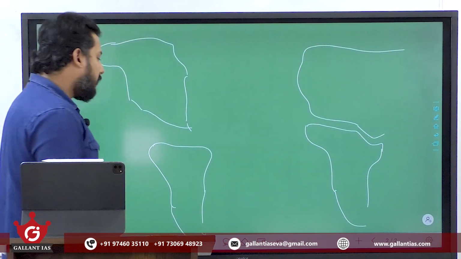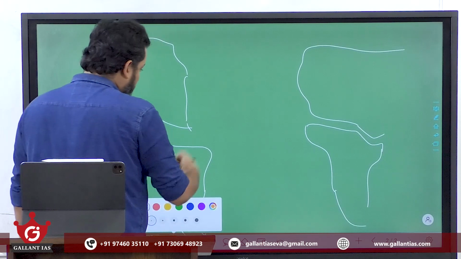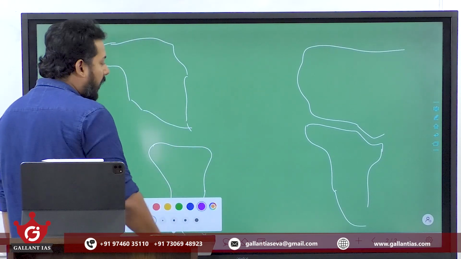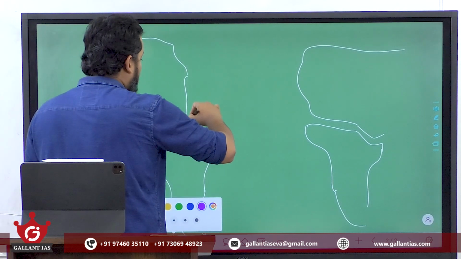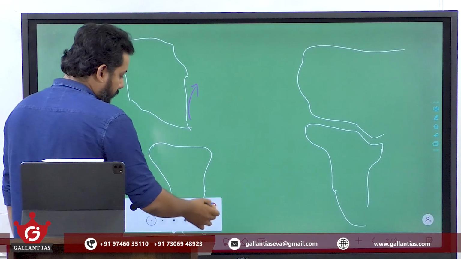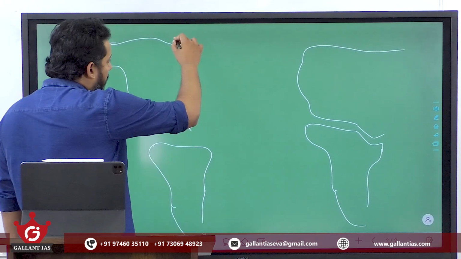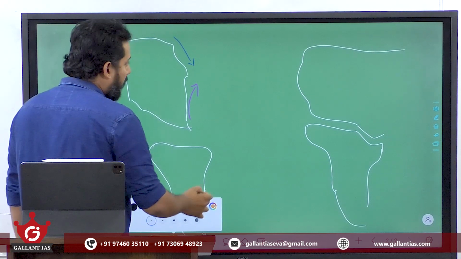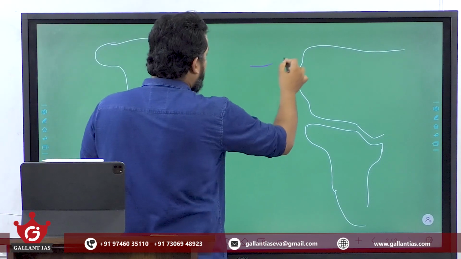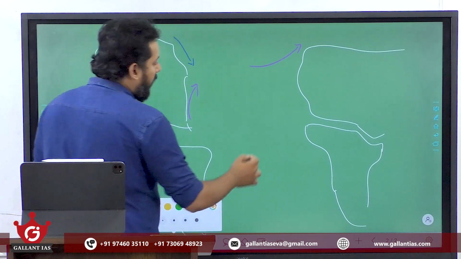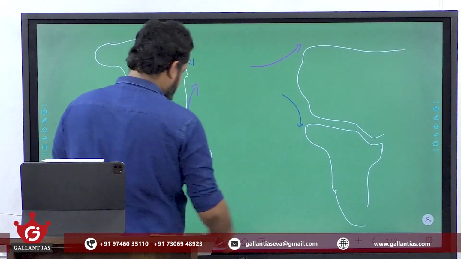I'm just marking the currents of the Atlantic Ocean. If you have to mark the warm currents, we have the Gulf Stream current over here. We have a Labrador current from here. We have a Norwegian current over here. And we have a Canary current over here.